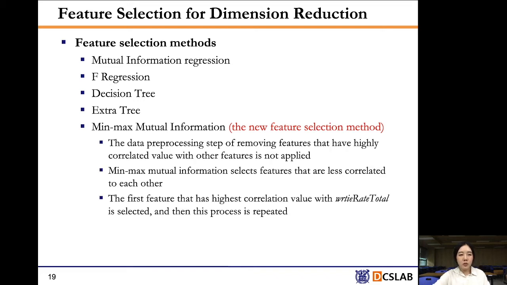In order to apply the min-max mutual information algorithm, the data preprocessing step of removing the features that are highly correlated to others is not applied beforehand. Then it works in a way that it selects features that are less correlated to each other. So the first feature that has the highest correlation value with write weight total, which is the target value, is selected, and then this process is repeated until the desired number of features are selected.